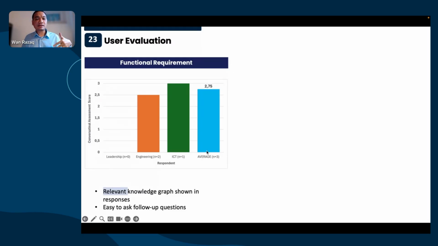Meaning that the users feel the chatbot prototype satisfies the functional requirements. The system produced a relevant knowledge graph shown in the response, and it's also easy to ask follow-up questions. That's one of the requirements in the functional requirements.